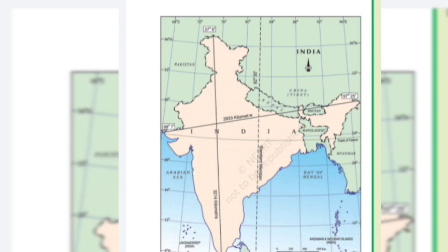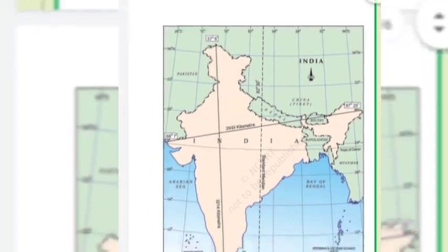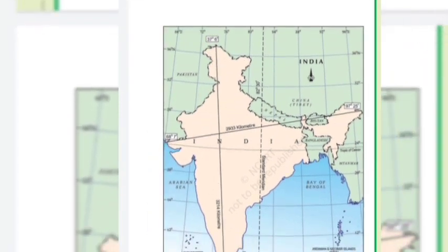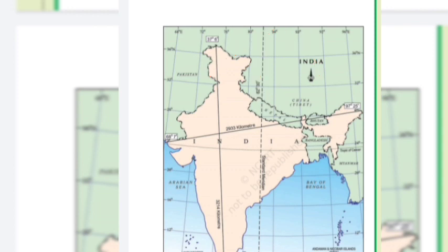From here to here, there is a difference of around 2 hours. How can we calculate it? This is a longitude of 97 degrees and here it is 68 degrees. If we subtract, 29 degrees is the difference, and the sun travels 1 degree in 4 minutes.